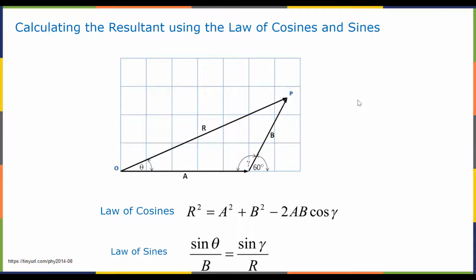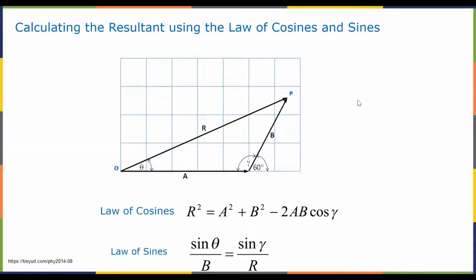Basically, if you are doing vector a plus vector b, you can sketch it on a graph, and you'll see that you place the tail of the second vector on the head of the first vector. So the resultant is from the tail of the first vector pointing to the head of the second vector. The original two vectors and the resultant vector basically form a triangle.